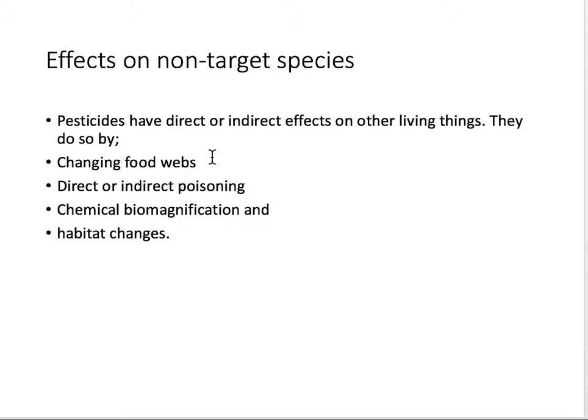So this is how we are changing the food web, direct or indirect poisoning, so directly poisoning other insects or by being ingested by those insects that have it. And then we've got biomagnification, which we'll talk about, and also habitat changes if we get rid of some aspects of that ecosystem.